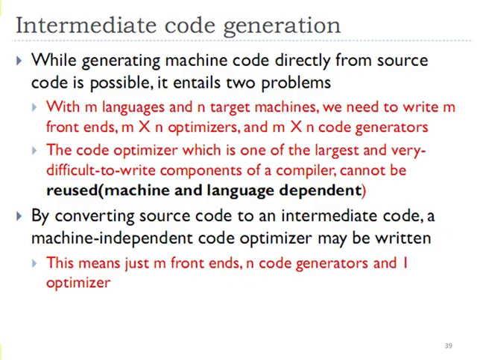For example, with M languages and N target machines, we need to write M front ends and M times N optimizers and M times N code generators.